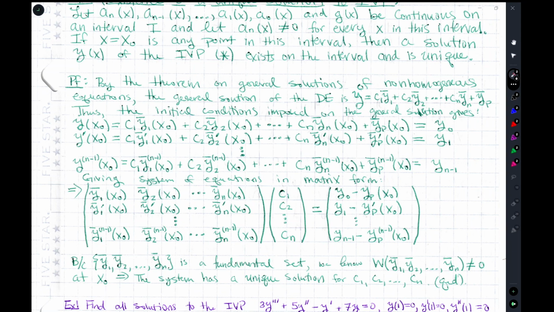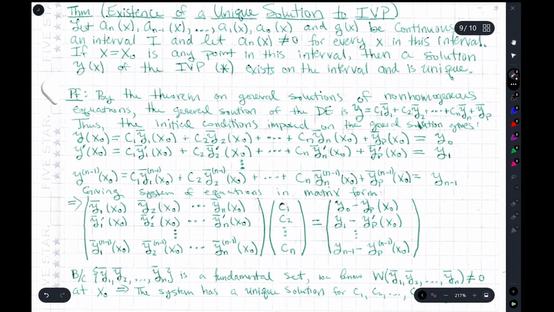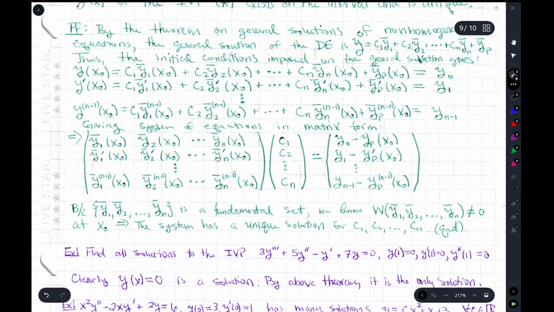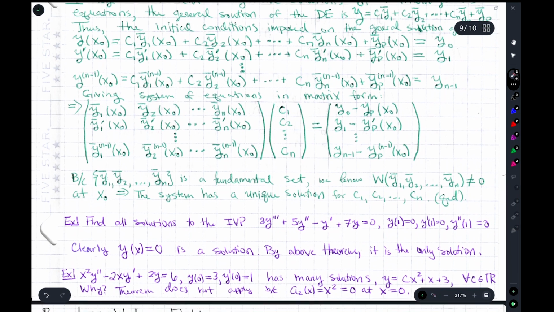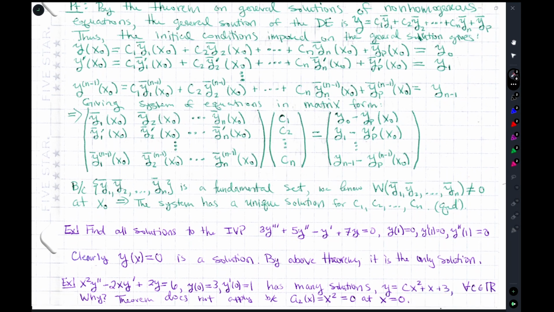So we're guaranteed then. We just showed that we found a solution and it's unique. And notice how important it was that the Wronskian is non-zero, that this set of solutions to the associated homogeneous equation were linearly independent. So let's see how we could use this very important theorem.